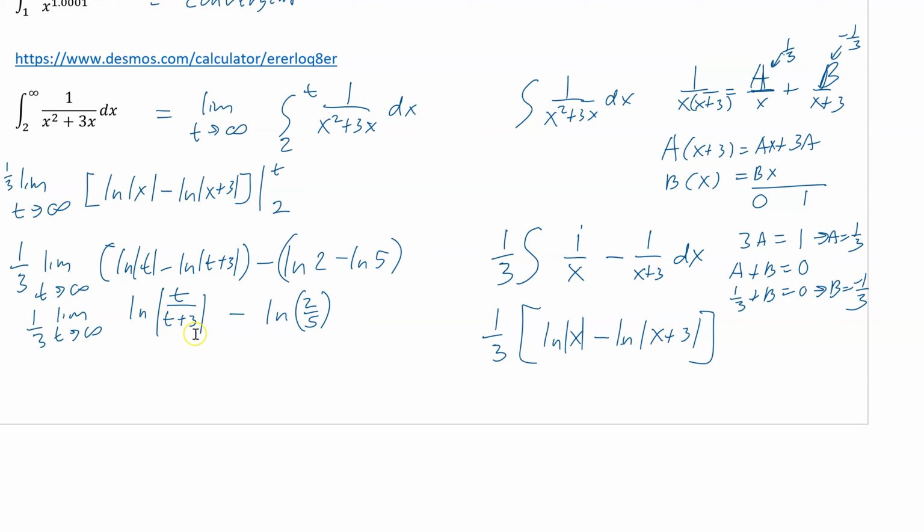And we can divide everything by t to show that, and that would go to 0. And so we'd get t over t, which is 1. But long story short, we get ln of 1 minus ln of 2/5. Now, 1/3 ln of 1 is 0, so we end up with negative 1/3 ln of 2/5.